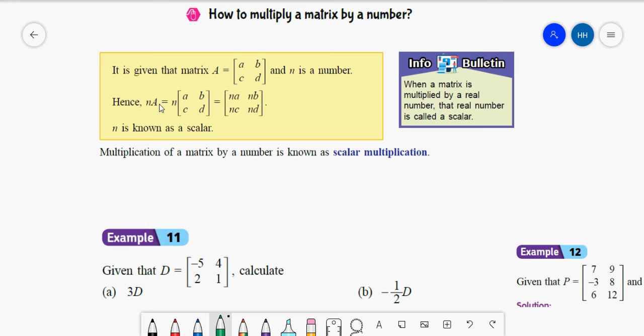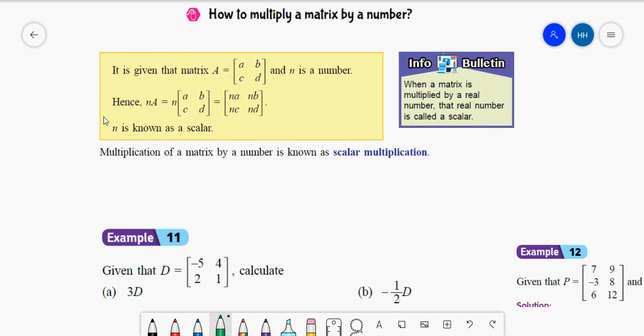NA, okay, that means N multiplied by matrix A would be equal to N, bracket A, B, C, D, and the bracket here is the matrix A, so the answer will be N must multiply with all the elements of the matrix.